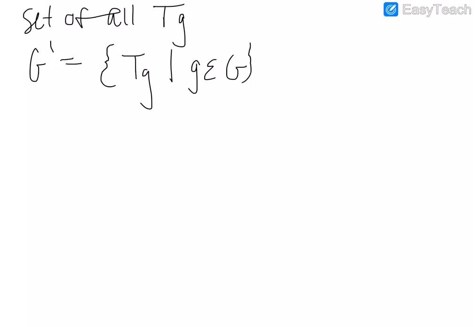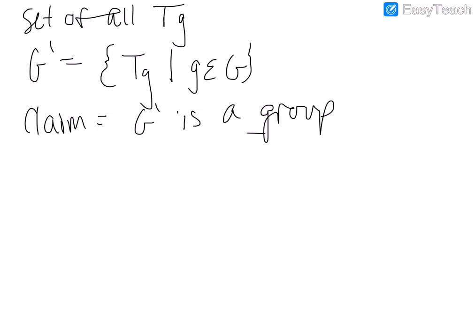So let's define G prime, which is going to be equal to all of the T_g's given g is an element of big G. We're going to make the claim that G prime is, in fact, a group. We're going to have to prove that.